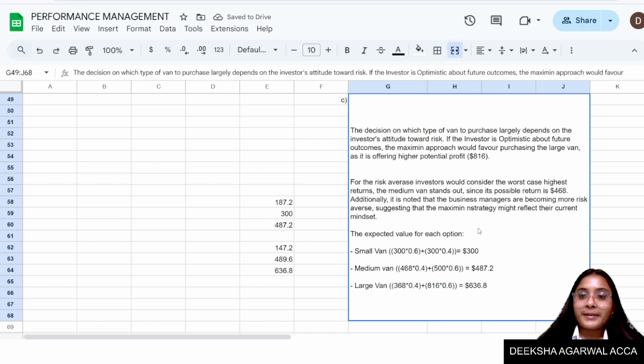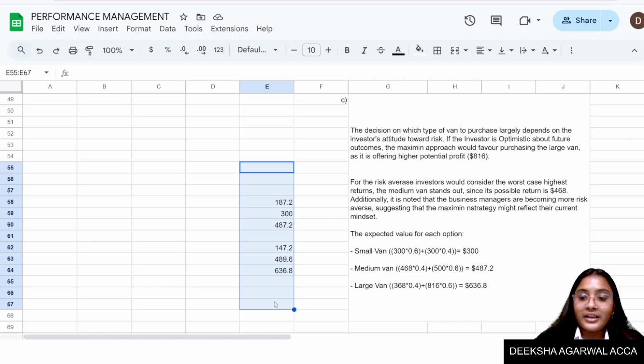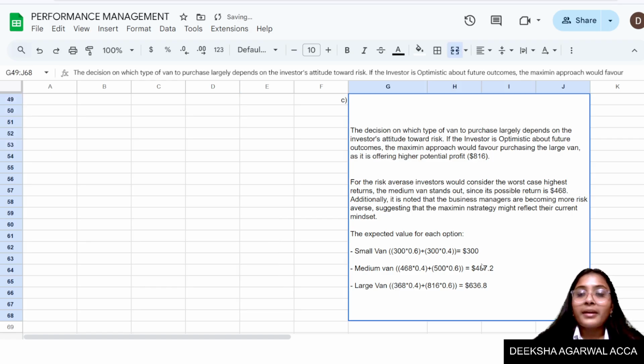If they take the expected value approach, what will they be looking at? Obviously you need to see that under the expected value, it's all again about how much risk your investor is willing to take. If they are willing to take more risk, go ahead with more, but under the expected value they can take into consideration what is more perfect.